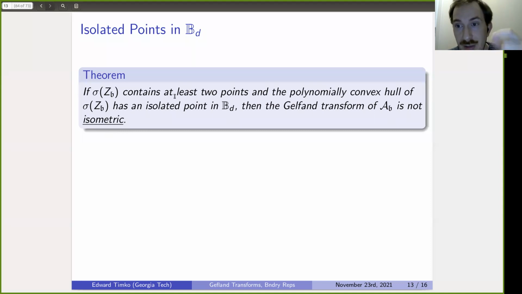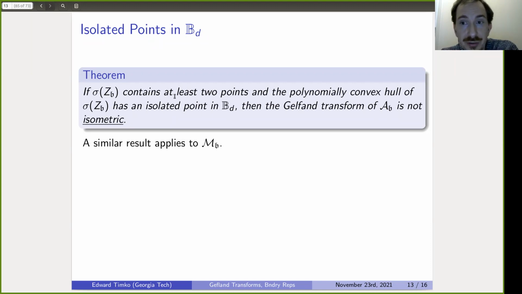So not only is it not completely isometric, it's just not isometric. And the key ingredient here is that because you have this isolated point, you can use this to construct a non-zero compact operator sitting inside of A_B in this context, and from there it runs through the machinery. You can say it's not isometric.